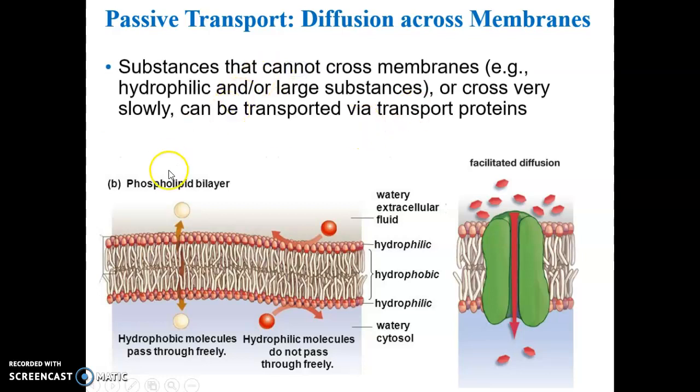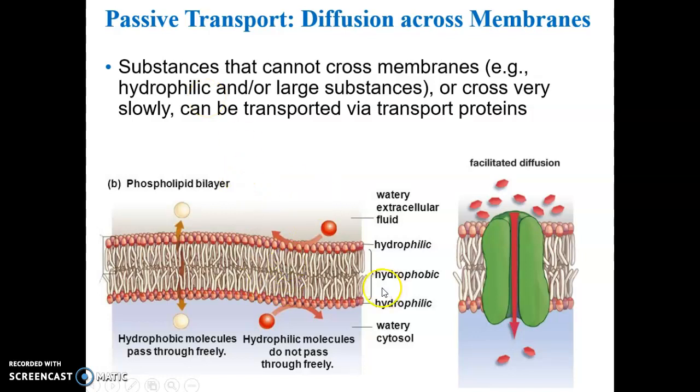So again, substances can simply diffuse across a membrane if they can get across. Substances that cannot cross membranes are large substances and hydrophilic things, like ions, which cannot get across easily.